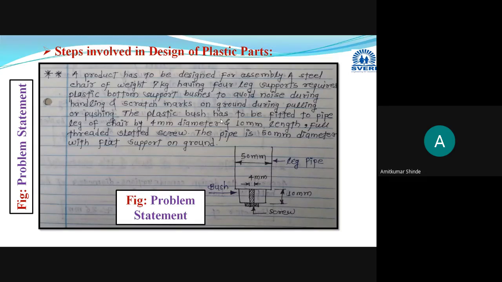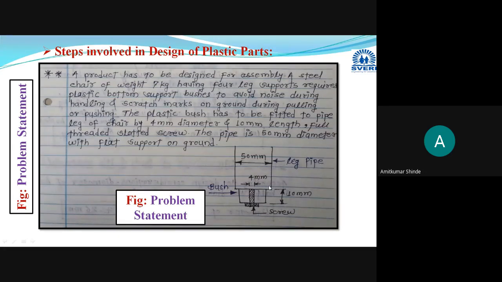To assemble that bush with the chair legs, we require one boss. Through that boss, we are going to attach a screw, and it will get attached to the chair. Here this diagram is provided for reference. Suppose this is one leg of that chair.